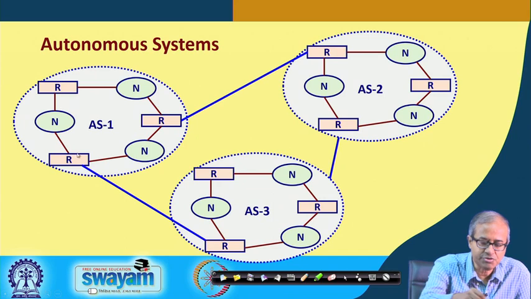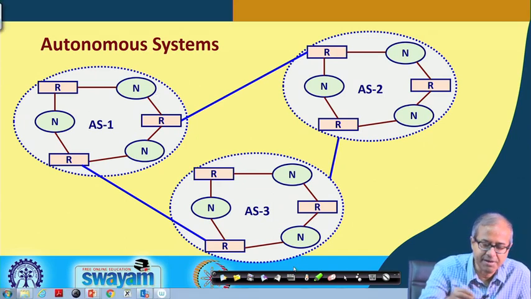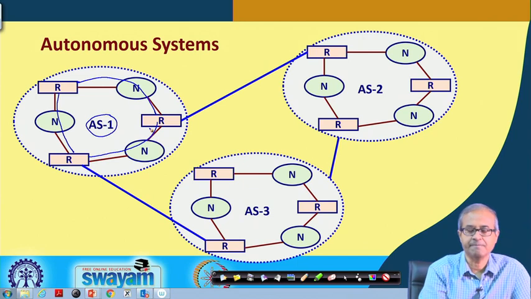So, the routers which are there inside, you can see that there are multiple connections. For AS1, for example, this router is connected to this router via this network, this router has a connection to this router via this network, and this router has a connection here.